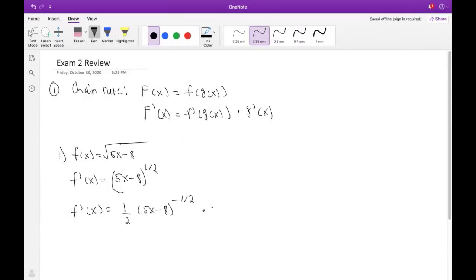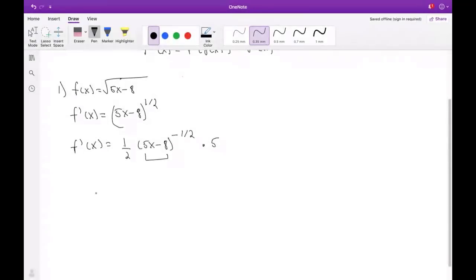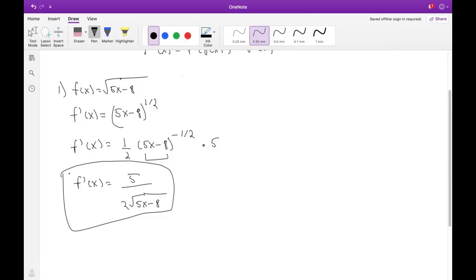And then we're going to multiply by the derivative of this inside function, which is just 5. And so after simplifying it a little bit, we'll get our final answer to be 5 over 2 times the square root of 5x minus 8. And that would be your final answer for that.